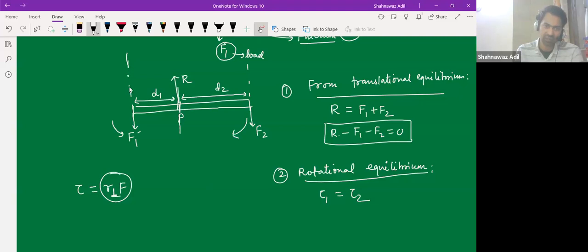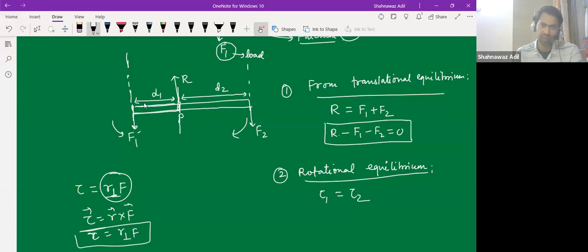This is the line of force, right? And what is the perpendicular distance from this point? I'm talking about the distance between this line of force and this point of observation, the axis of rotation. So tau is r cross F, and we have seen that this is r perpendicular into F, right?